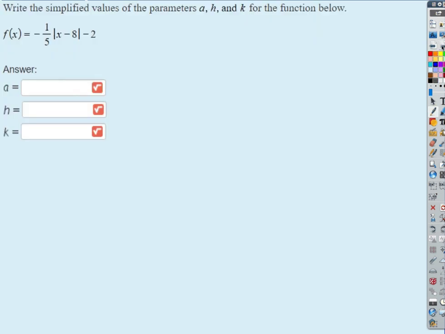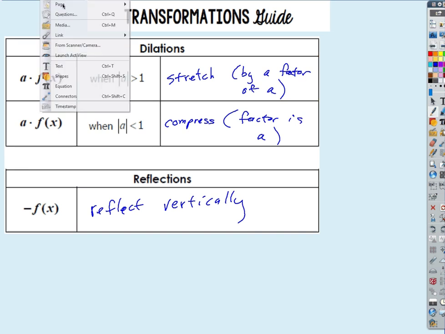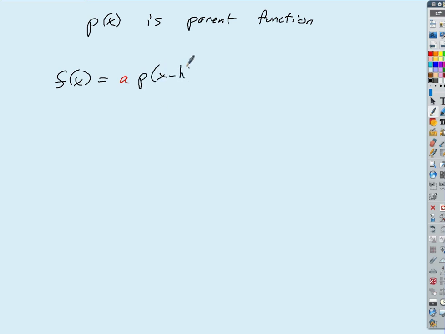Okay, so let's summarize all this. If we write some function, if p of x is our parent function, then the parameters a, h, and k completely control what we're going to do to that parent graph, right?